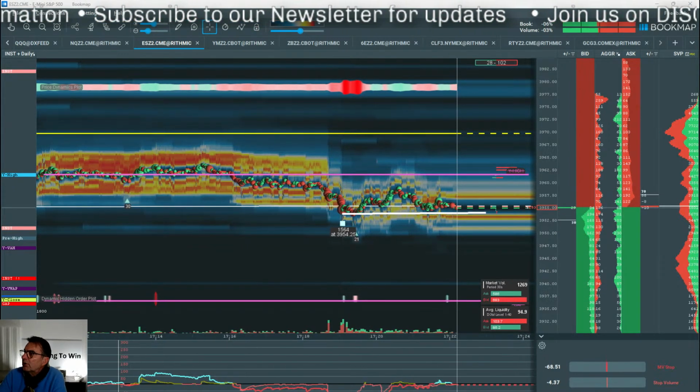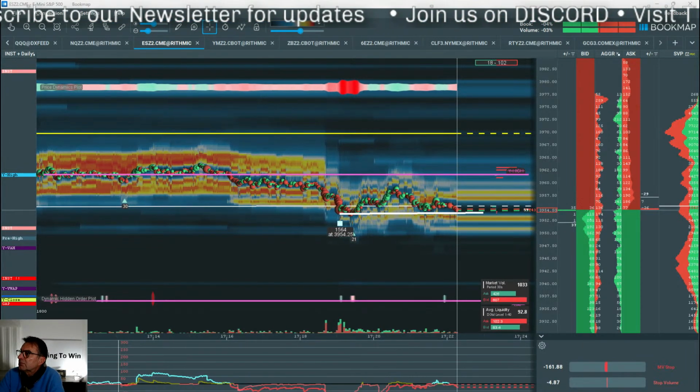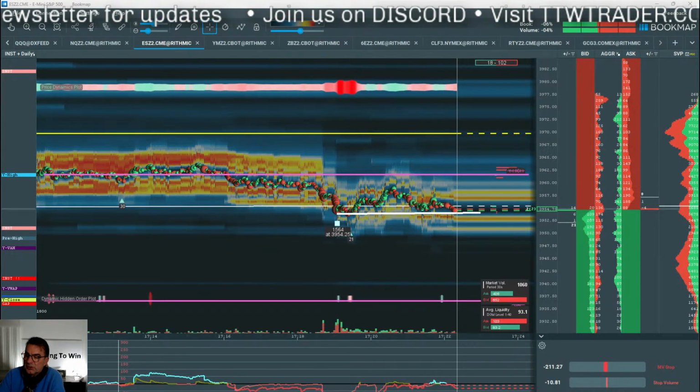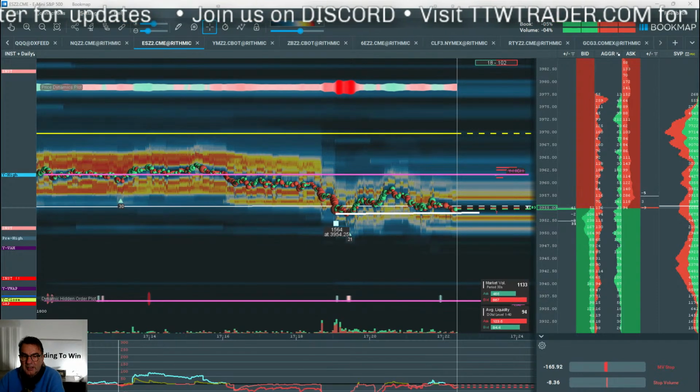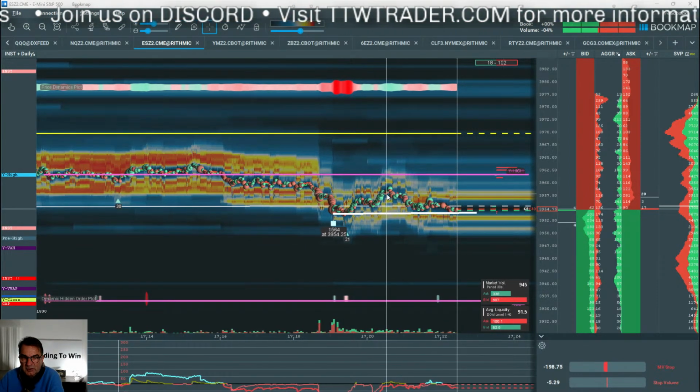What orders qualify to be put in the hidden order dome? All hidden orders, all iceberg orders are reflected and displayed here in the dome.